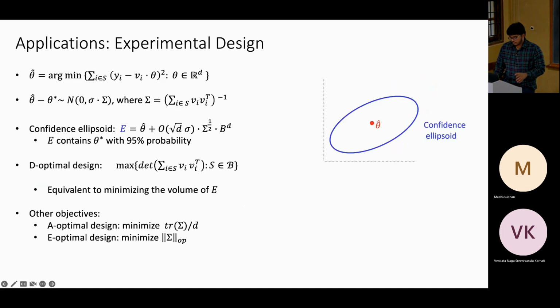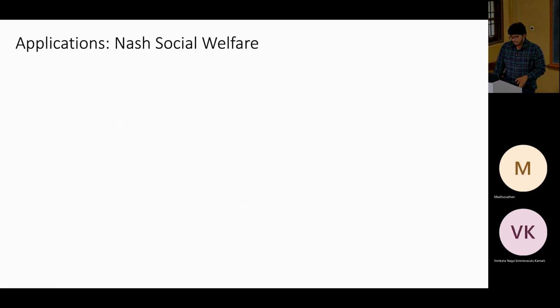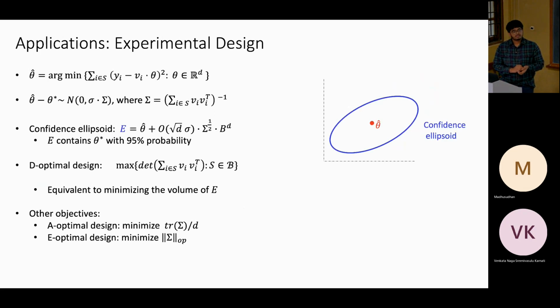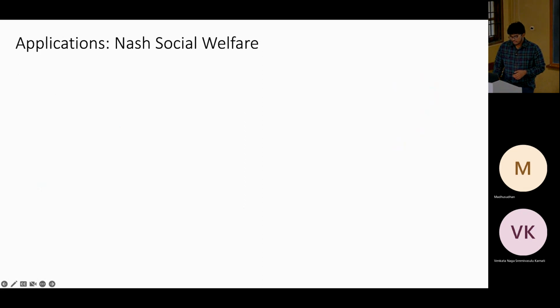So that's one application. The volume is not taking the square root? Oh yeah, right. I tend to use volume and determinant interchangeably, but one is the square of the other. Right. Another application is Nash social welfare.